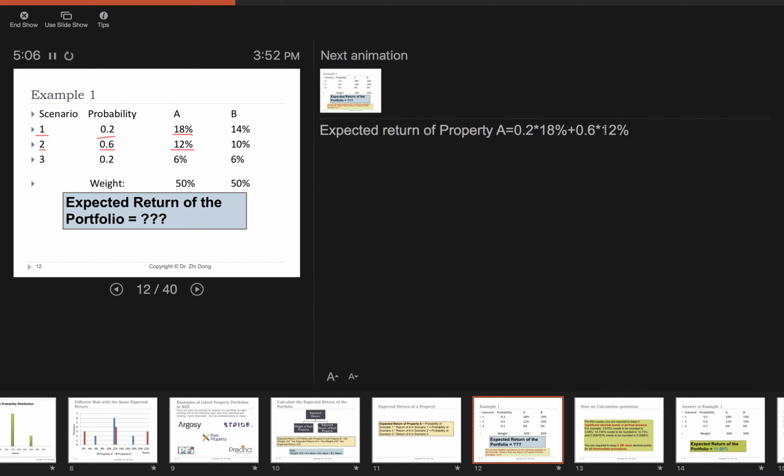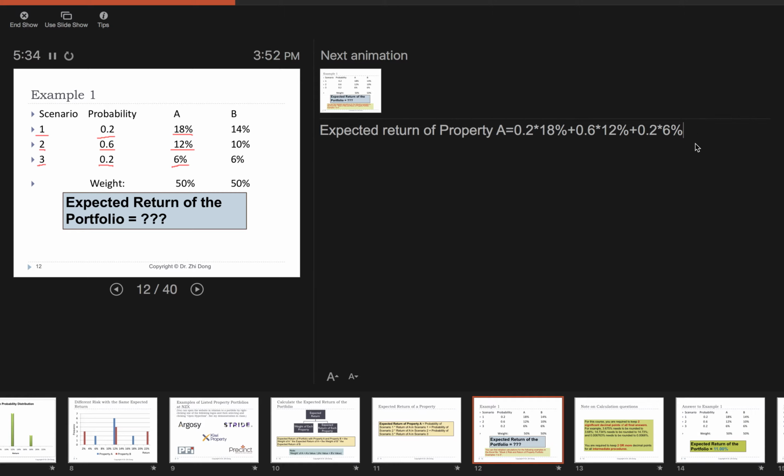Then we add the last market scenario 3. The probability for it to happen is 0.2. So we plus 0.2 times property A's return under the third market scenario, which is 6%.